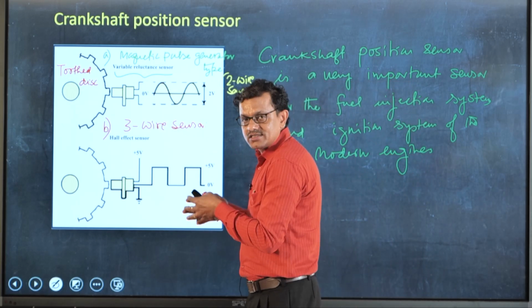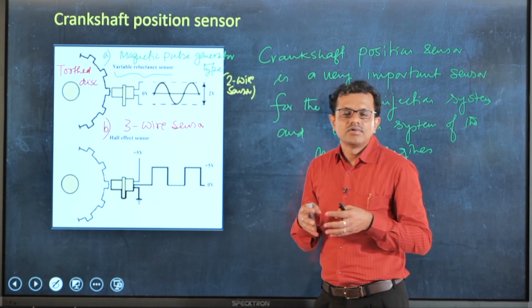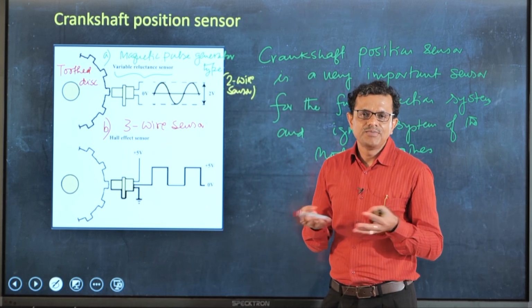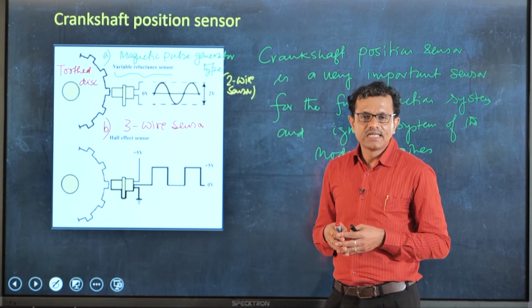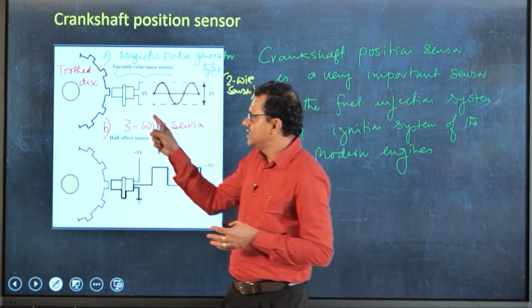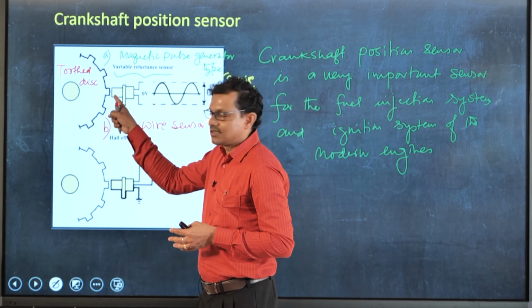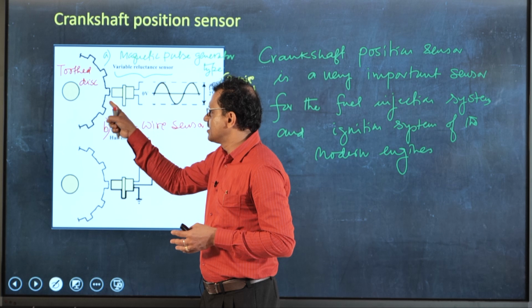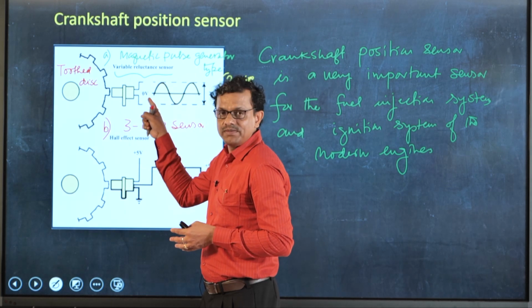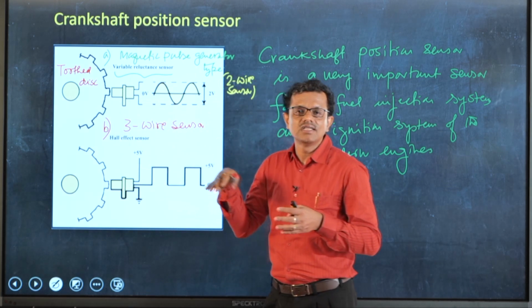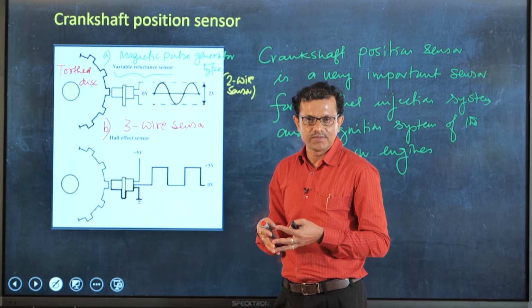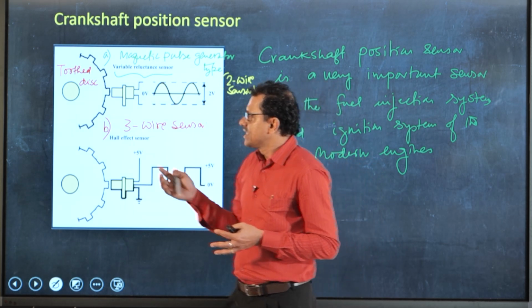This sensor works following a non-contacting method, typically electrical or optical. So, you can see there is no direct contact. The sensor can be located either on the crankshaft or on the distributor shaft.